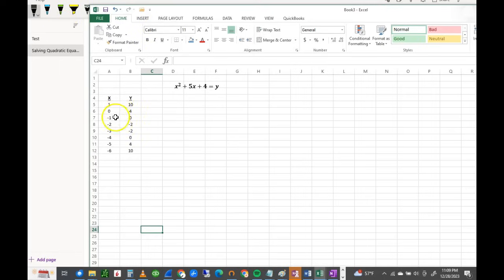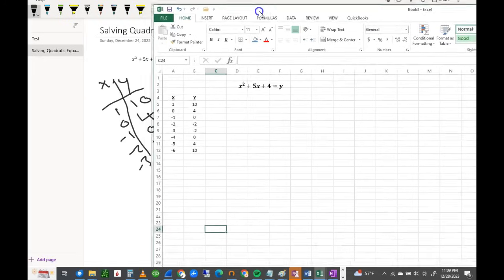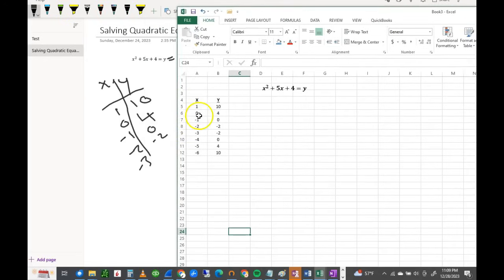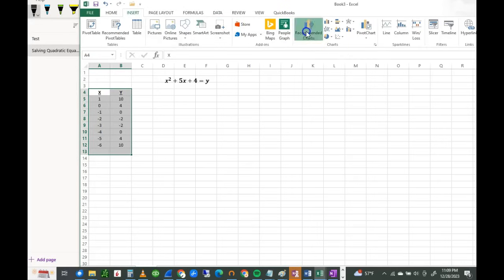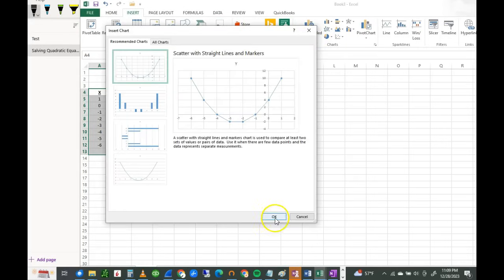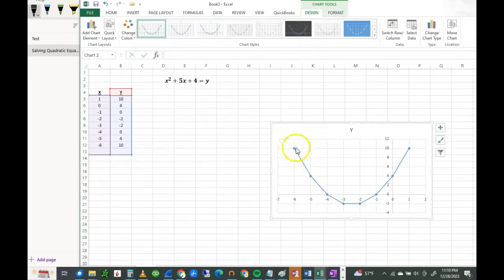Okay, so I plug the numbers into Excel: 1, 0, minus 1, all the way to minus 6, and these are the y's. So I just tell it to plot. Insert, Recommended Chart. This is it, and that's your plot.